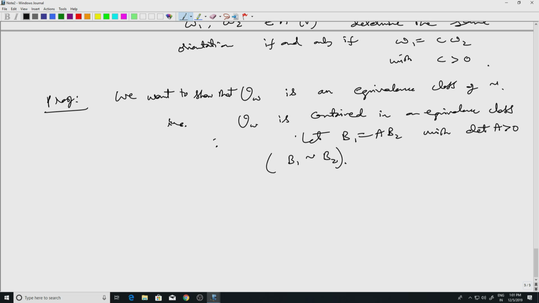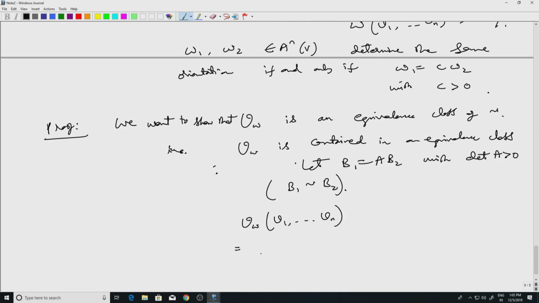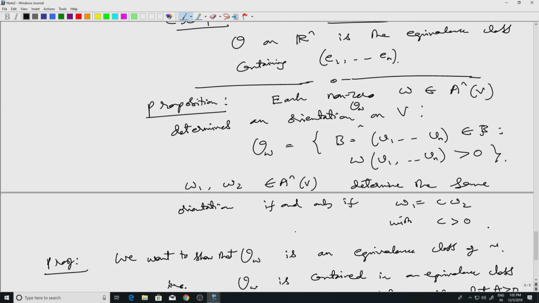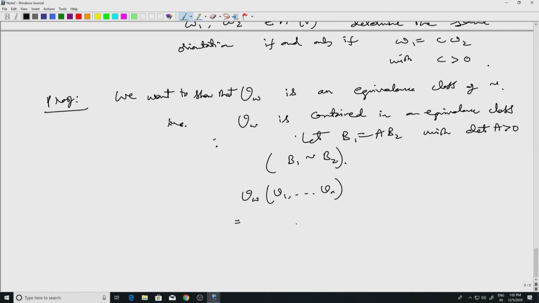So let's see what this gives us. Let's calculate omega of V1 up to Vn. As we have seen many times, one can just use the definition of the determinant to see what I'm about to write down.